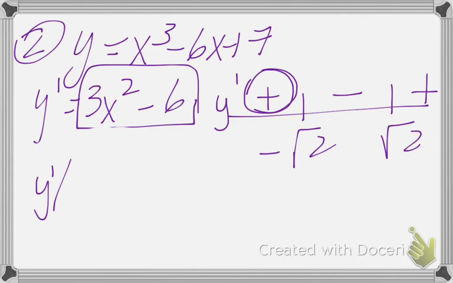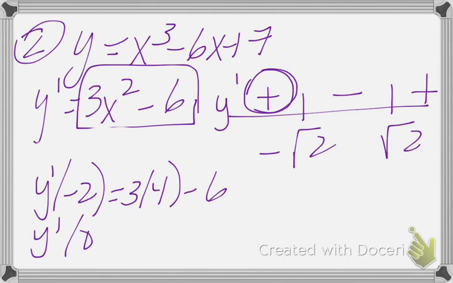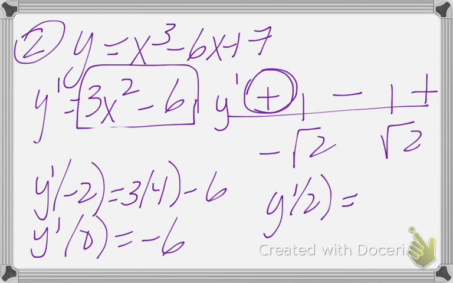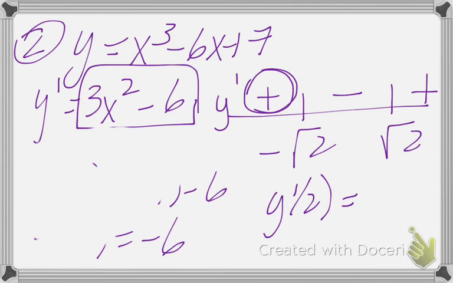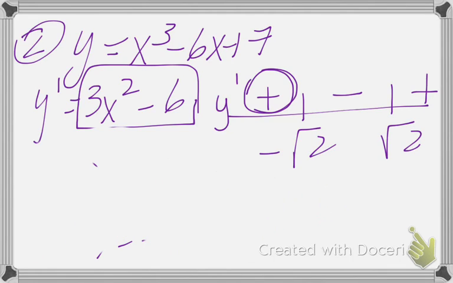So y prime of -2 is 3 times 4 minus 6. That's positive. Y prime of 0 is -6. That's negative. And y prime of 2 is 12 minus 6. Positive. Okay, let's look at the choices again. We have choices A, B, C, D, and E. We can immediately eliminate B because that says it's always increasing.